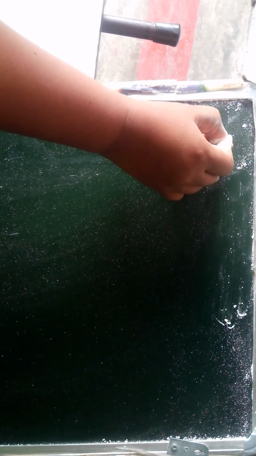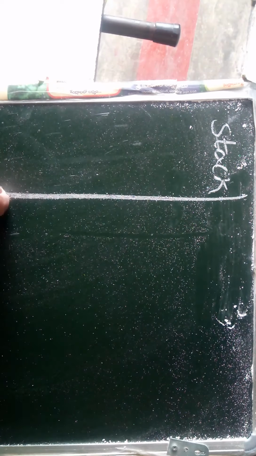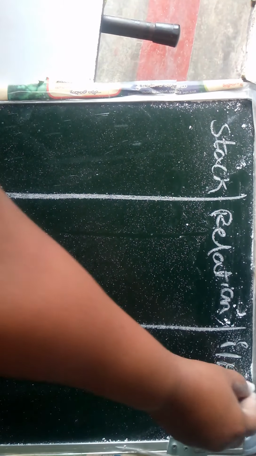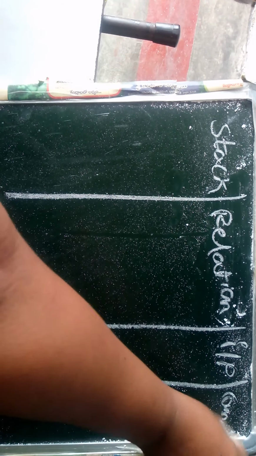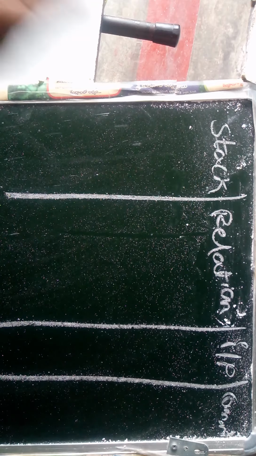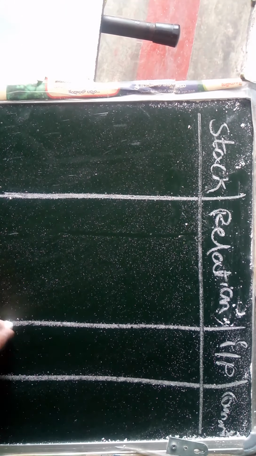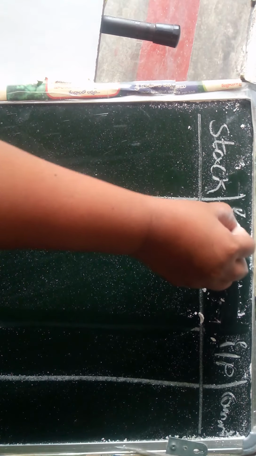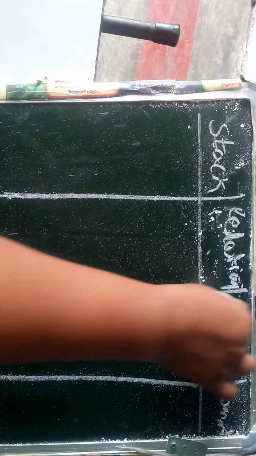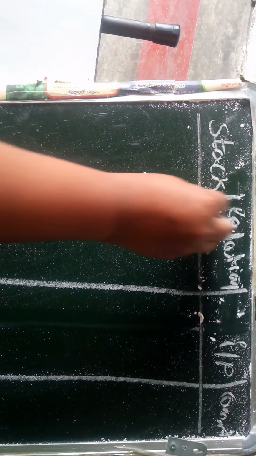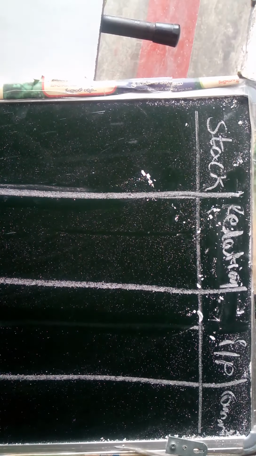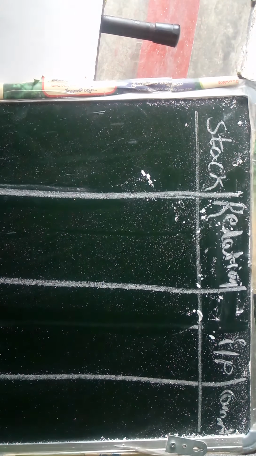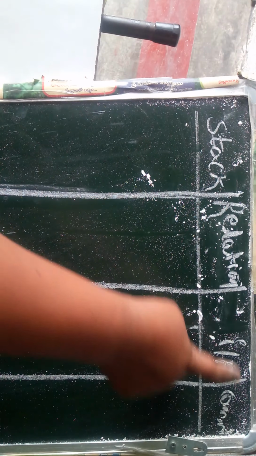In the table we take stack as one column, relation in another column, input, and the last one comment. For input we need more space.